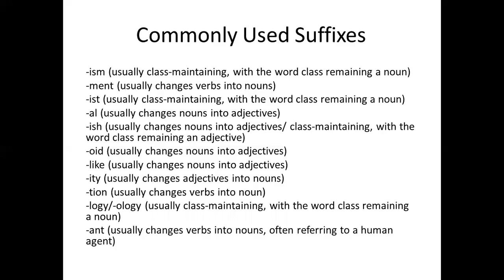When you add ant to it, it becomes a noun, informant, and of course it refers to a human agent. So ant usually changes verbs into nouns, often referring to a human agent.